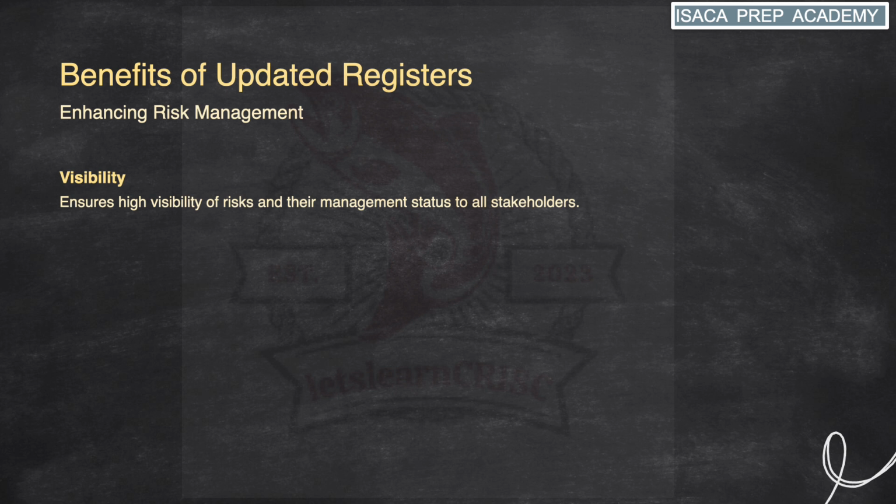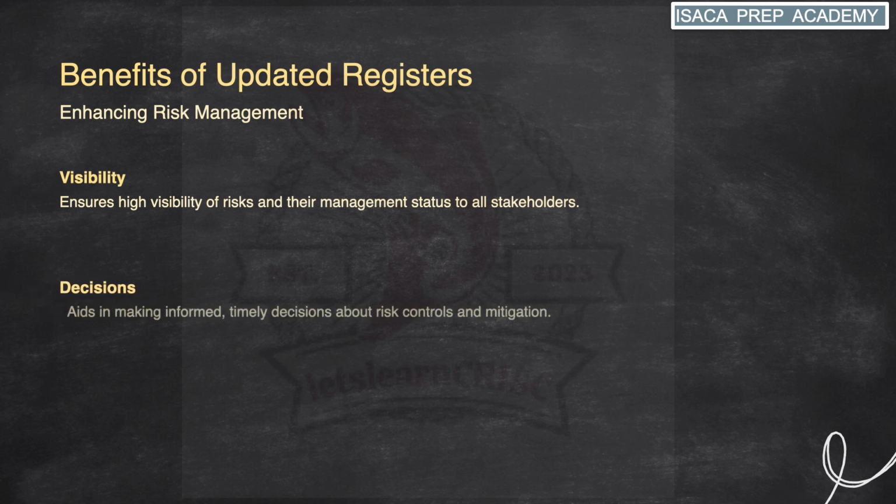Ultimately, by ensuring high visibility of risks and their management status, company XYZ demonstrates its commitment to effective risk governance and its ability to navigate challenges while safeguarding its interests and achieving its objectives.